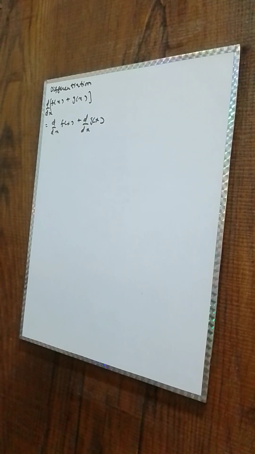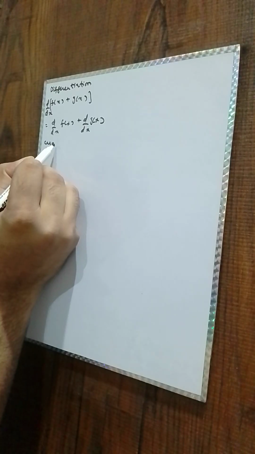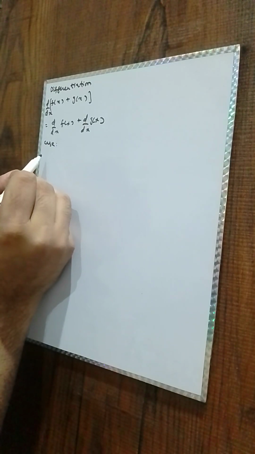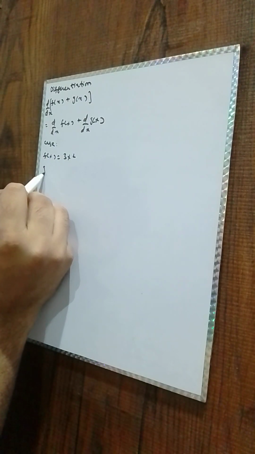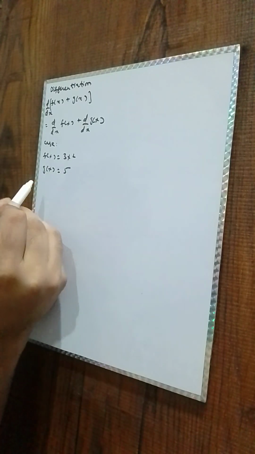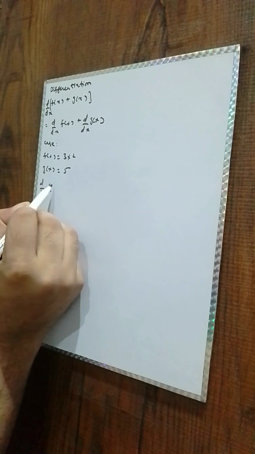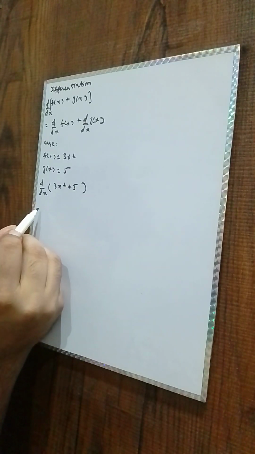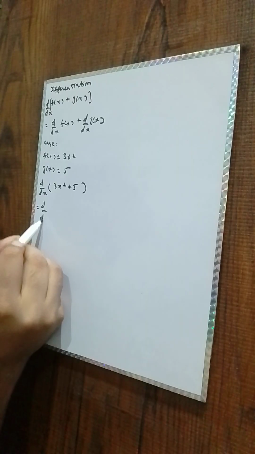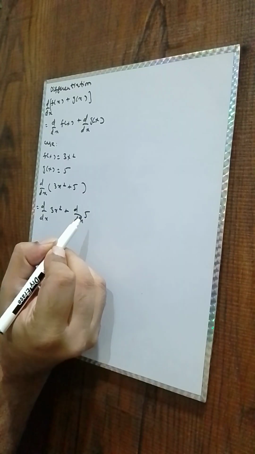Yes, and we can have numeric values, proper functions. Let's say the case is f of x equals 3x square and g of x equals 5. So we have d by dx of 3x square plus 5. We go about it doing d by dx of 3x square plus d by dx of 5.